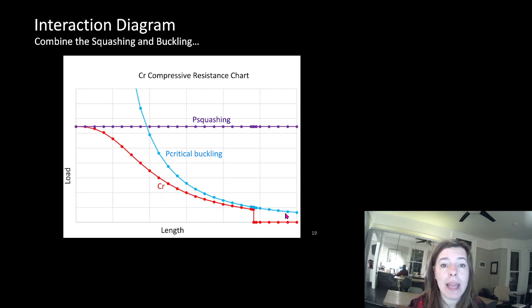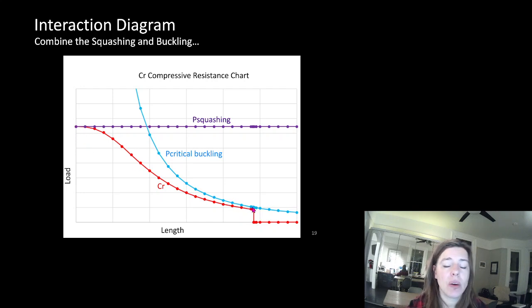It is so likely to buckle that we just don't care. We give a hard, flat no. You cannot use this column for any load whatsoever. We give a hard stop here, that this is the maximum capacity, no matter what your height is, of this element. So if it's taller than this, no, you cannot use this element. You just can't use it at a height over this.